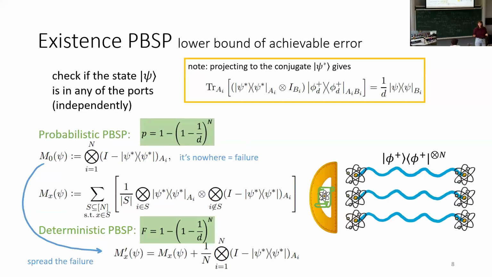We don't look at the others because of how we devised the protocol, but that's what Mari said, if you check them independently. Here it's because we are saying, if the state is in the subset, then we randomly pick one of the ports, but you could also say it's in this port.